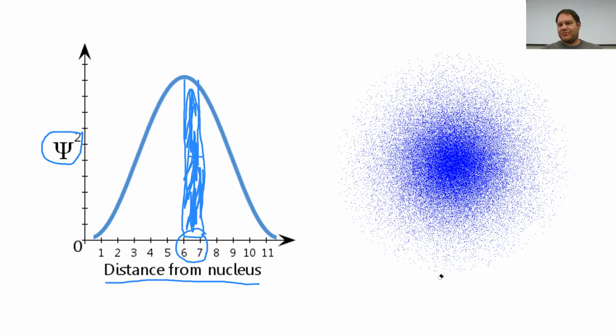This is a probability distribution curve or map, okay? I'm going to come back and talk a lot more about this in a moment, but all these dots are probability points where an electron might be located at some given time.